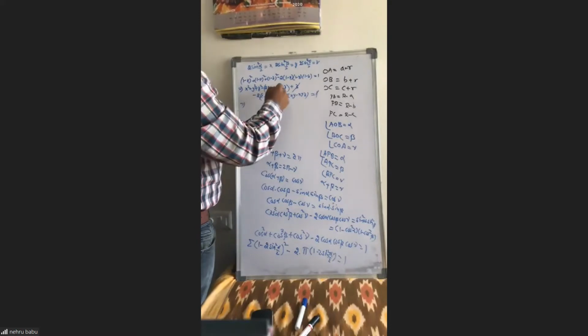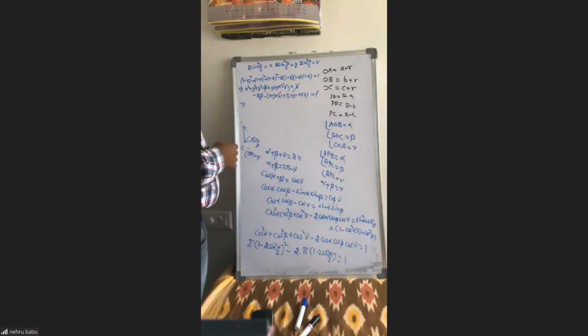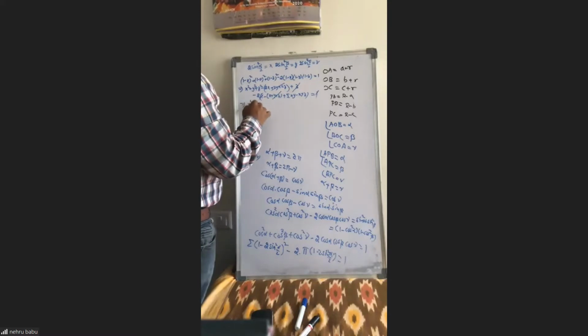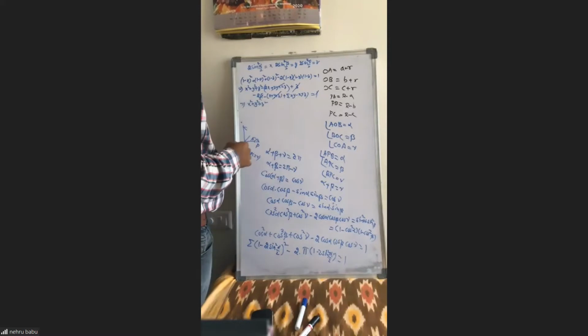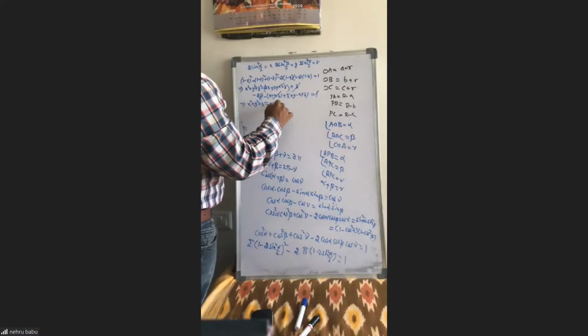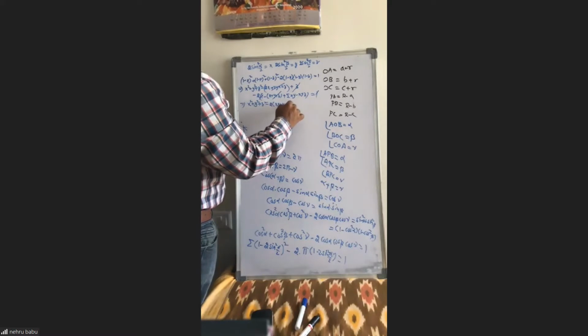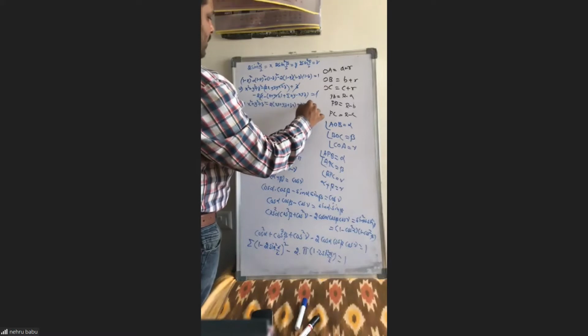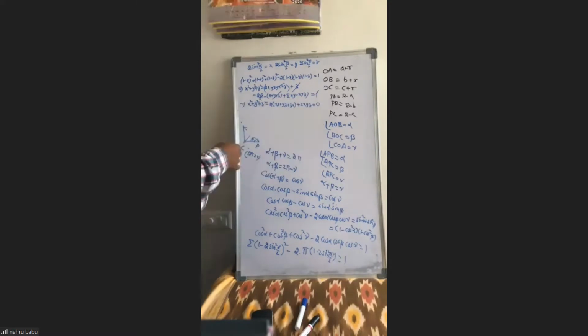Next, 2x, 2y, 2z is cancelled with this 2x, 2y, 2z. Now the remaining terms are x square plus y square plus z square minus 2 times of xy plus yz plus zx plus 2xyz equal to 0.